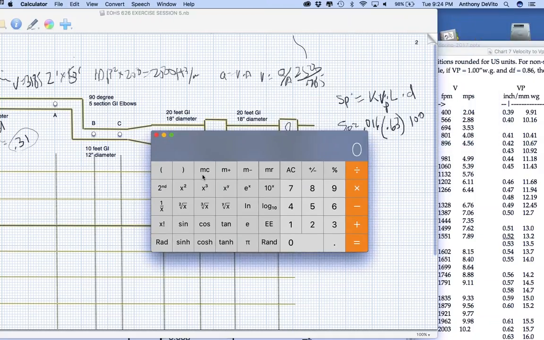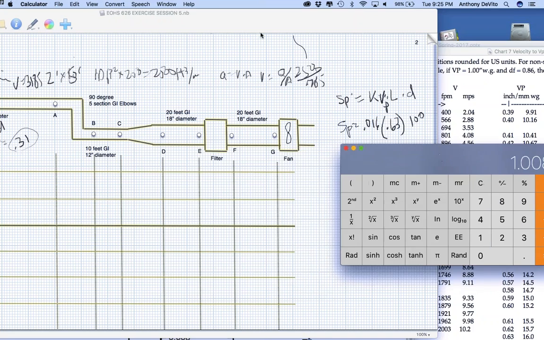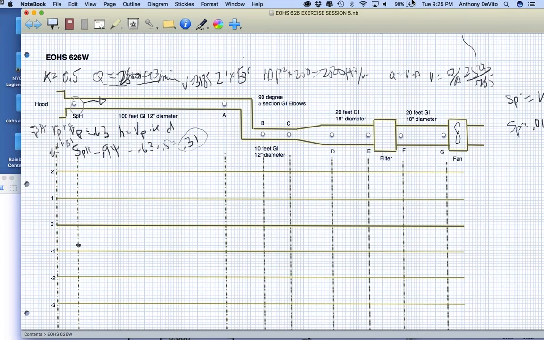So it's going to be equal to 0.016 times 0.63 times 100. How much static pressure do we lose? We lose 1 inch, 1.01, I'm just going to say 1 inch. So it goes from what it was before, which was 0.94, to now negative 1.94.